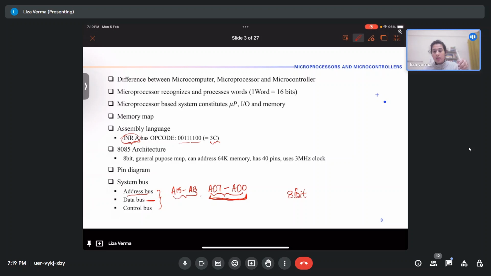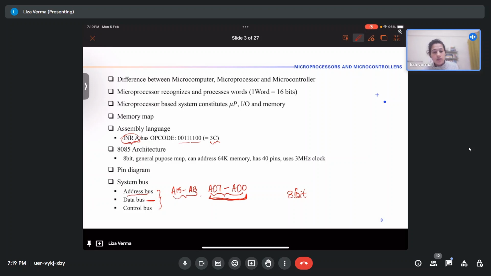The control bus will dictate when the data is fetched from the address and what to do with that data. It will send it to the decoder, it will enable the decoder, and then it will be sent to the accumulator to be operated on. So all of this is controlled by the control bus, right?